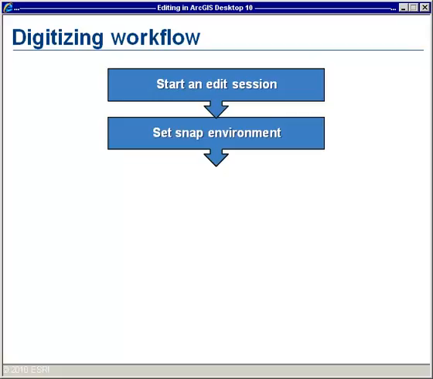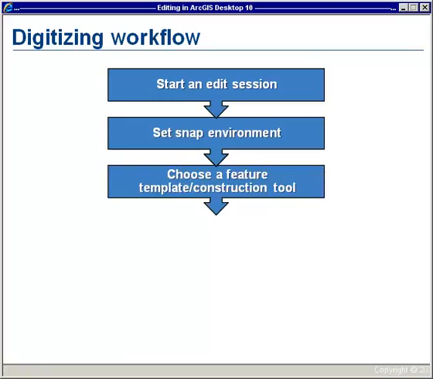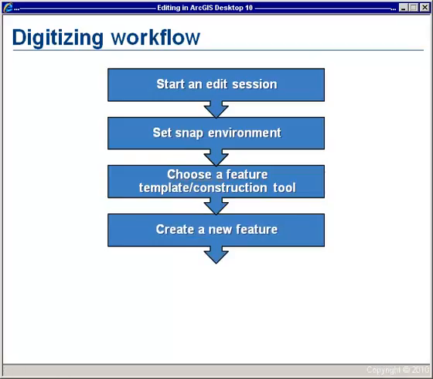You set your snapping environment in one central location, and that's the snapping toolbar. And then you choose a feature template from the Create Features dialog. Feature templates are created at the moment when you start your edit session, and they also come with a feature construction tool, with a default tool that is active. So you might want to go with the default tool or switch to a different feature construction tool.